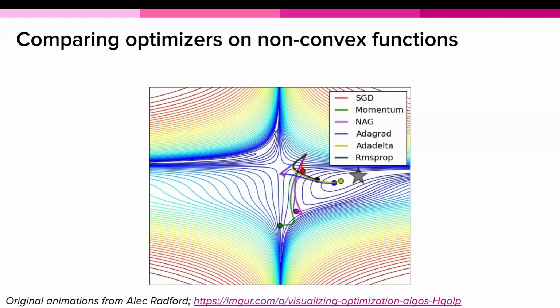AdaGrad almost becomes unstable for the same reason, but is caught just beforehand. Algorithms that scale the step sizes like RMSProp proceed a little bit more like accelerated stochastic gradient descent. So it doesn't become unstable, but proceeds a little bit more like accelerated gradient descent on its way towards the minimum here.